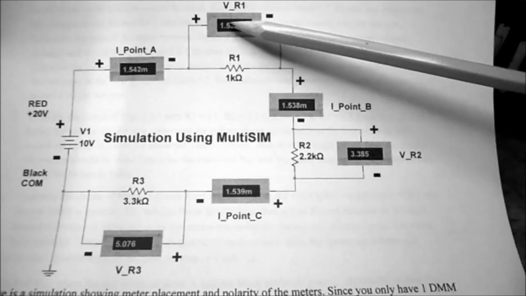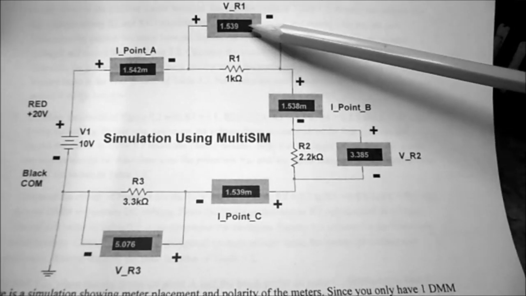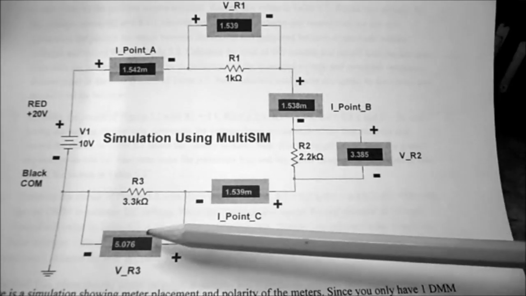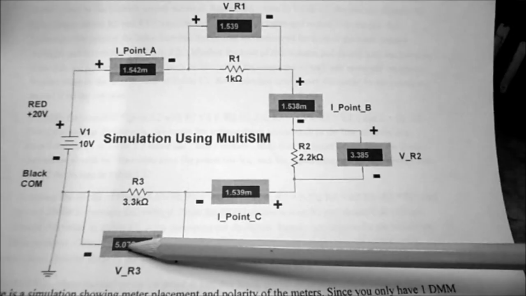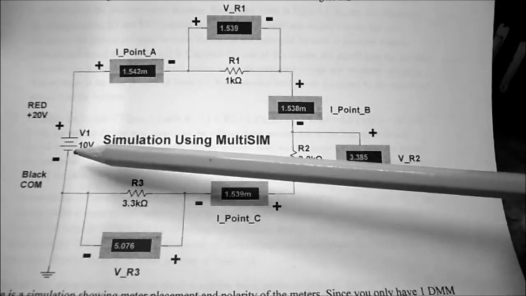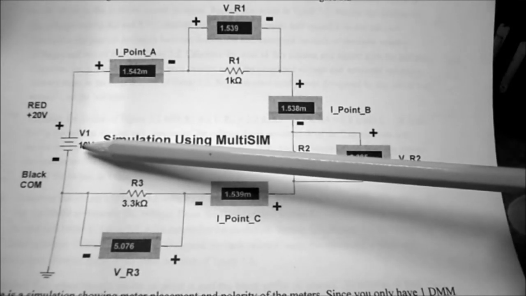The voltage drops, you can see on the first resistor it's 1.5 volts. The next resistor it's 3.3, and the third resistor is 5.1. If you add those three voltages together, it should add up to the 10 volts that is on our supply.